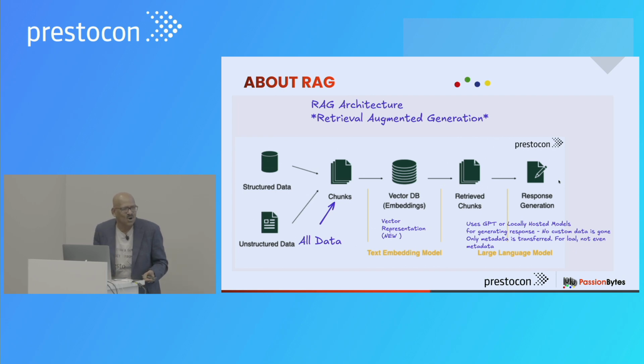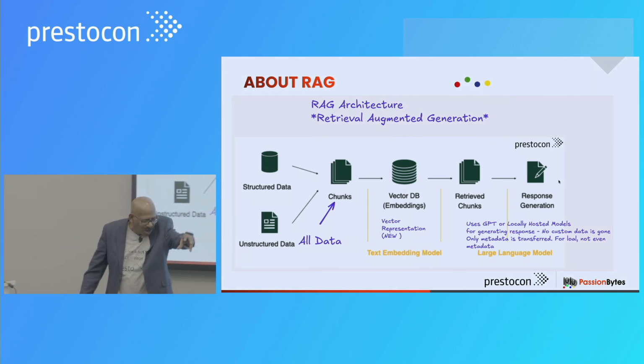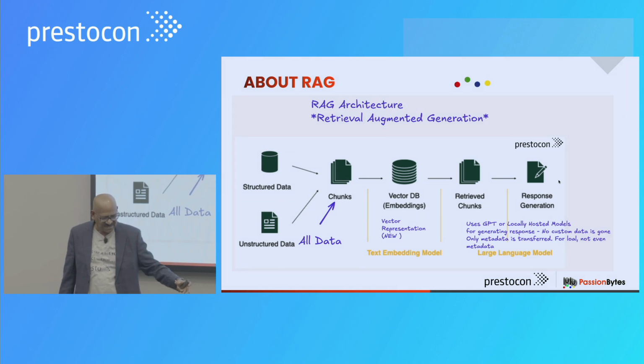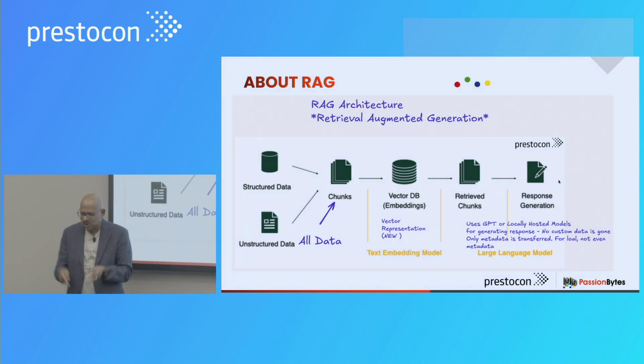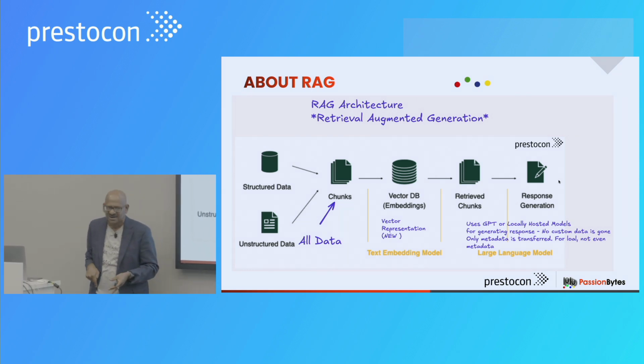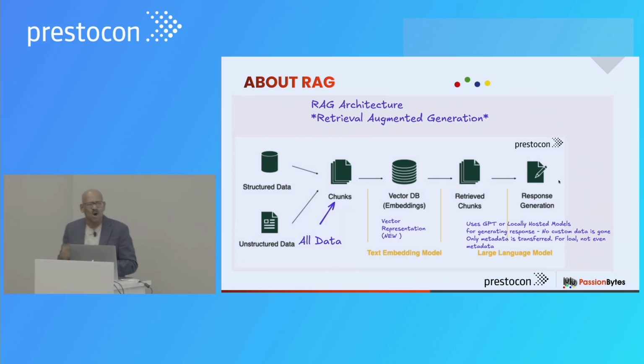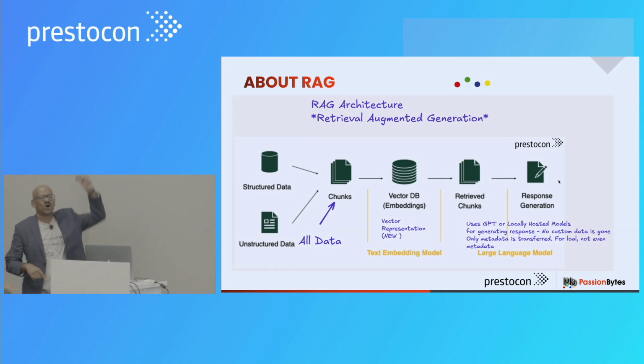Why? It doesn't know about the data. That's why now you need all your organizational data to be part of this particular model, and then you should be able to get that same result, just like how ChatGPT is giving for older trained data.